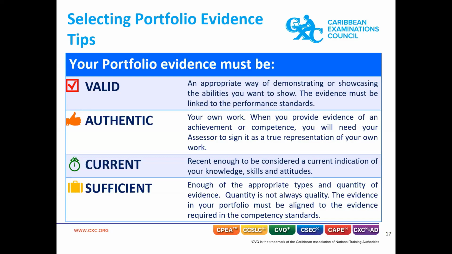It should be current, not 2 years or 3 years ago, but no more than 2 years. So we accept it up to 2 years. Do you know why? Because some CVQ programs are for 2 years. Some are for a year, right? So we say up to 2 years. But anything over that, no, it's not considered current.